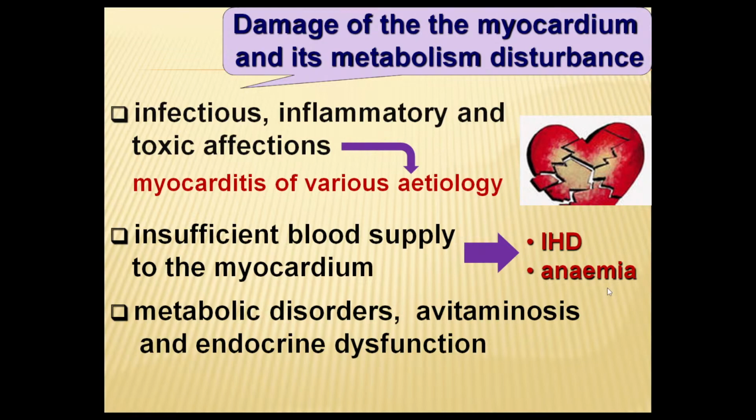We must also remember some endocrine dysfunction, and first of all the thyroid glands, which regulate activity of the heart. You see, damage of the myocardium due to some pathological process can decrease contractive ability of the heart and manifest with heart failure.